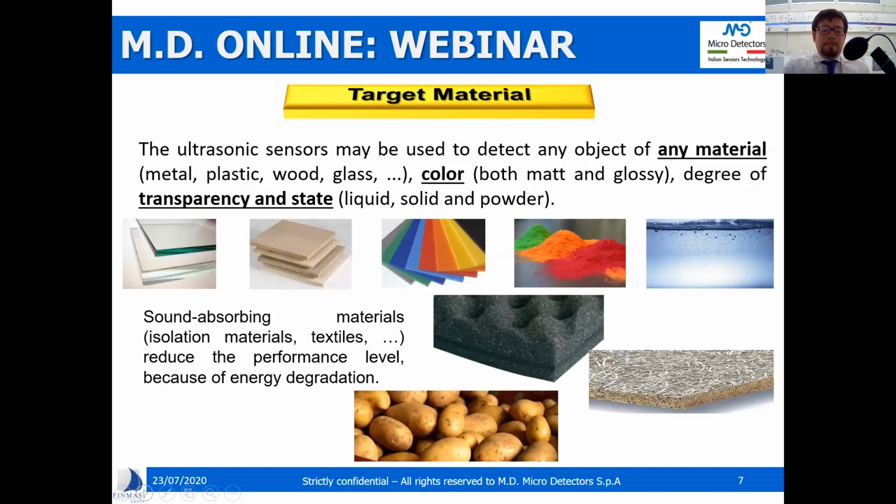Target material. The ultrasonic technology is able to detect any kind of material: metal, plastic, wood, glass, and it is not afraid of the surface color. Like, for instance, in the case of photoelectric sensors, the behavior of a photocell highly depends on the color, because a white object can be seen by the sensor at a high distance.